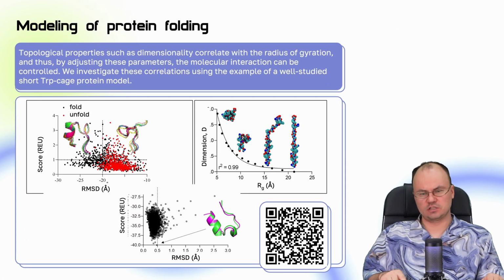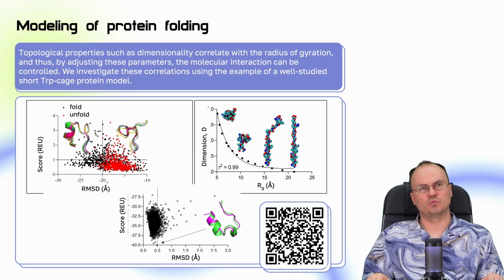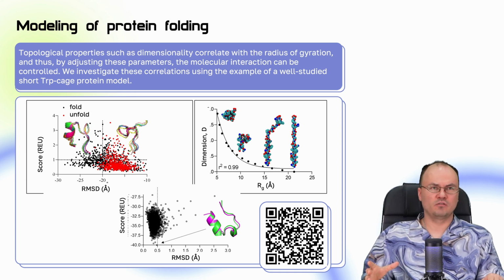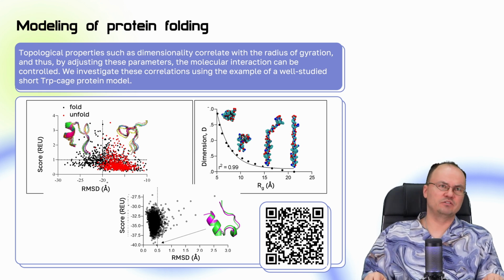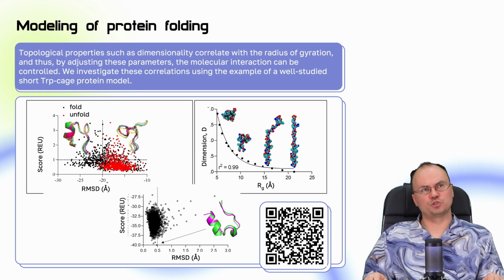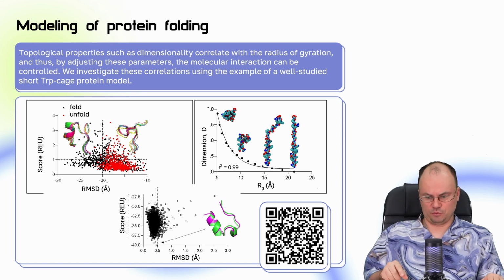Now on this slide, we have the protein which is called the trip cage protein. It's a small protein particularly useful for the analysis of protein folding. And here we are devising some parameters. We are using topological analysis, topological bioscaling analysis as the universal measure of the protein folding.